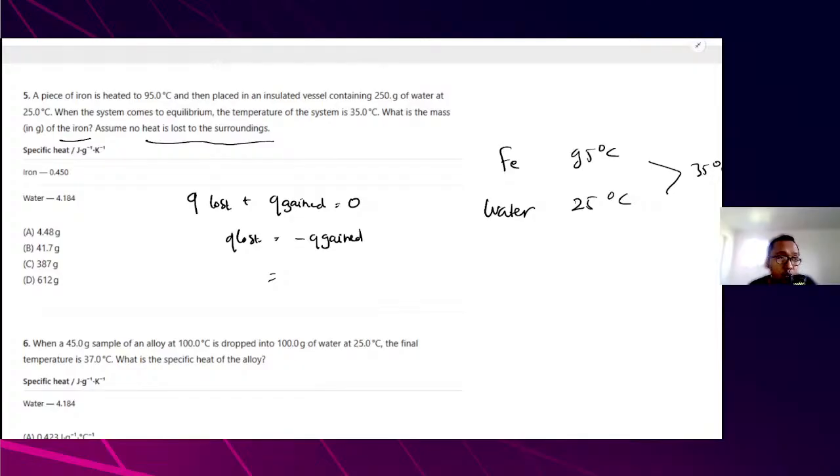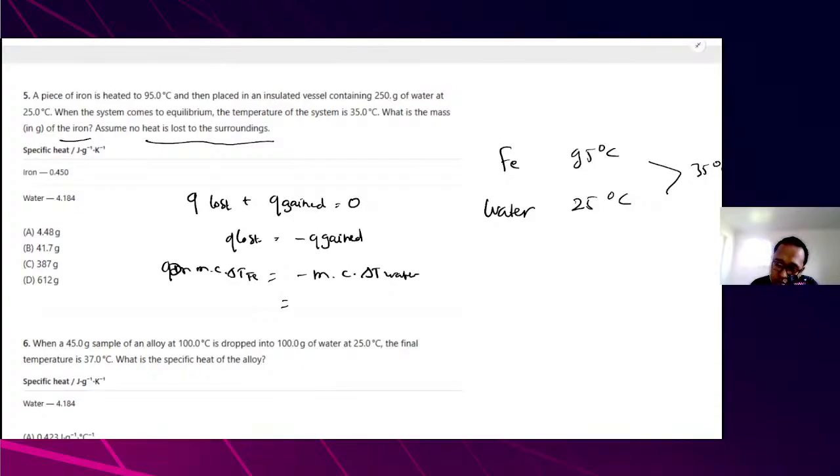Water, right? So minus MC delta T of water. And which one is Q loss? Iron, right? So MC delta T of iron. Now the question is about mass.